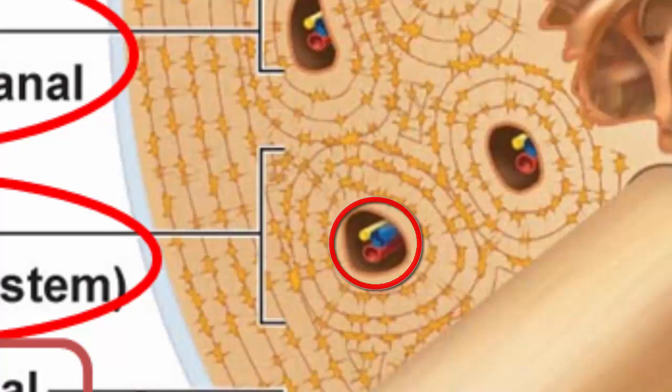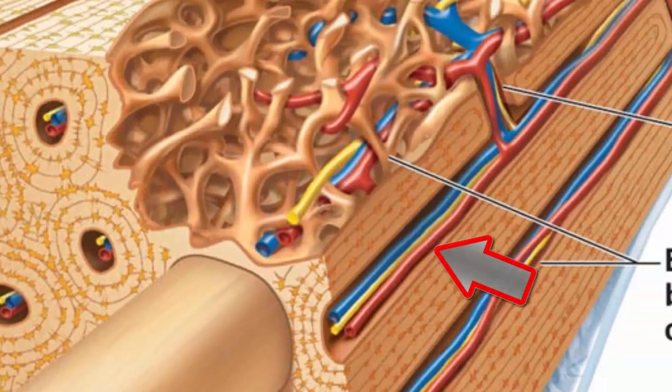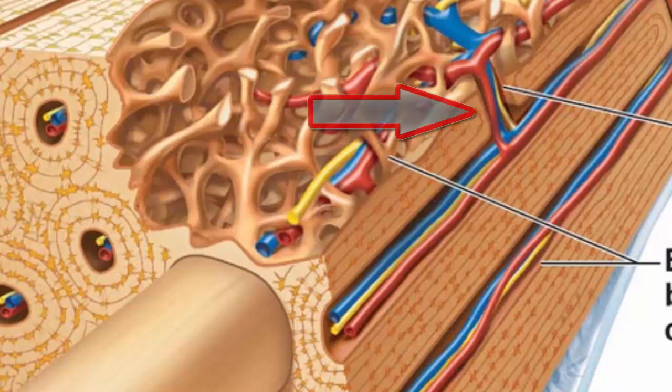There is actually a tube. So this tube travels all the way down, as you can see here. It is parallel to the axis of the long bone, and we call these tubes or canals Haversian canals. We also have tubes that are perpendicular to the long axis of the bone. We call them the perforating or Volkmann's canals.